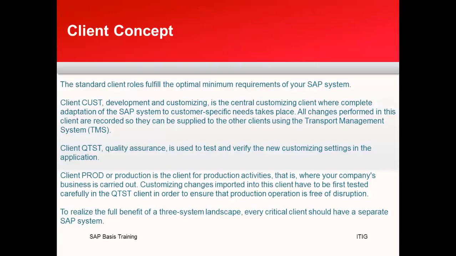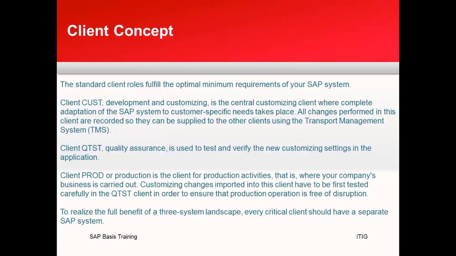All changes performed in the client are recorded, so they can be supplied to the other clients using the transport management system. Client QTST, the quality assurance client, is used to test and verify the new customizing settings in the application. Client PROD, or production, is the client for production activities, where your company's business is carried out.